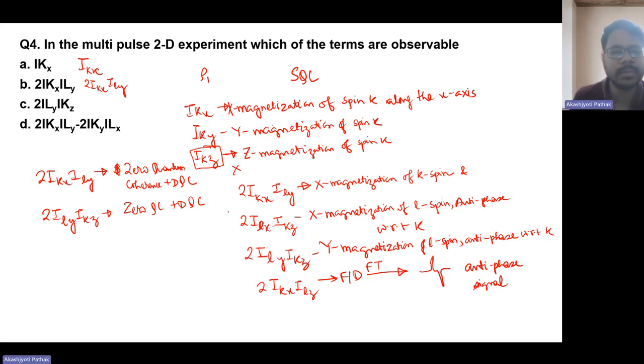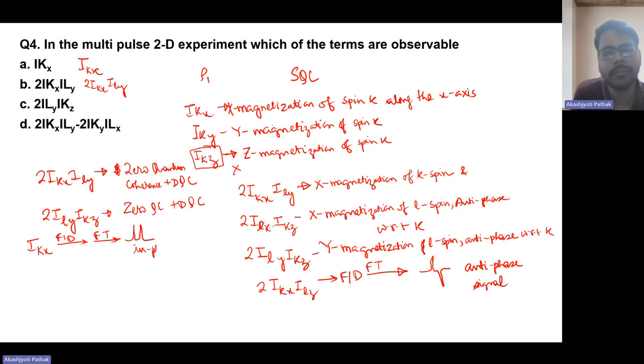And what will these terms give you? If you have this I_Kx term, following this there will be the FID of this term. You will collect the FID and then Fourier transform it. The Fourier transform will give you a doublet of K in phase.